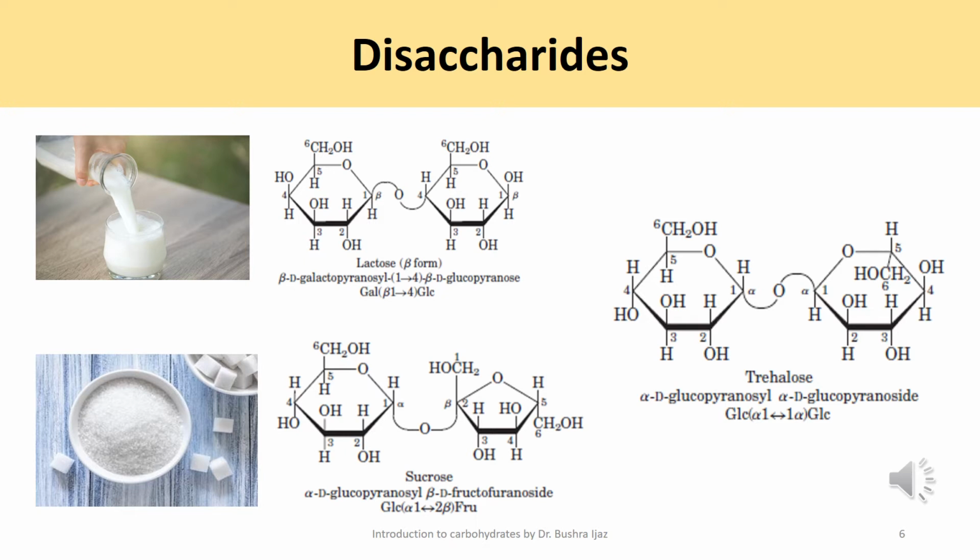In order for lactose to be absorbed from the intestine into the body, it must first be split or hydrolyzed into D-glucose and D-galactose. In the disaccharide lactose, the anomeric carbon of the glucose residue is available for oxidation, and thus lactose is a reducing disaccharide. You can see its abbreviation, galactose beta 1,4 glucose unit.